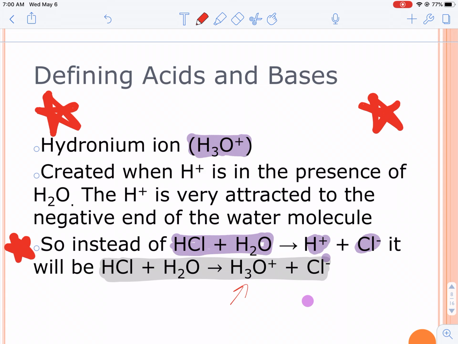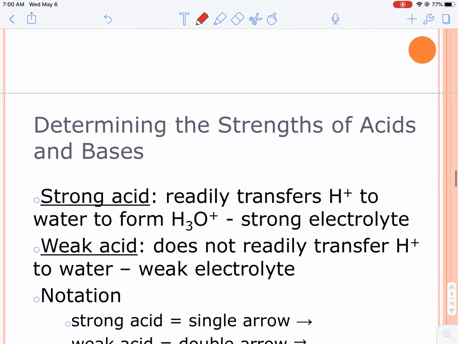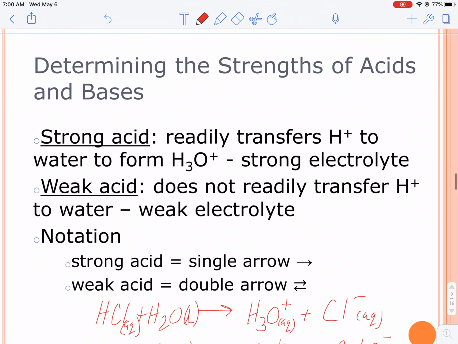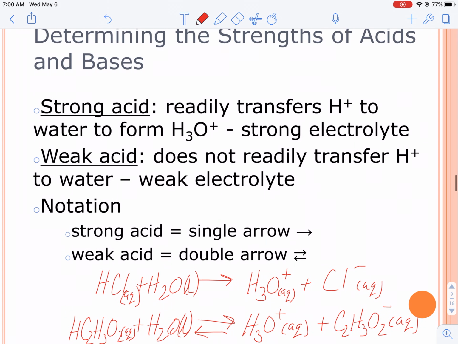It's not going to be as strong as a solution of hydrochloric acid. So in your strong acids, they're going to dissociate completely. So strong acids will readily transfer H plus to water to form H3O plus. This is a strong electrolyte, meaning it will conduct electricity easily.